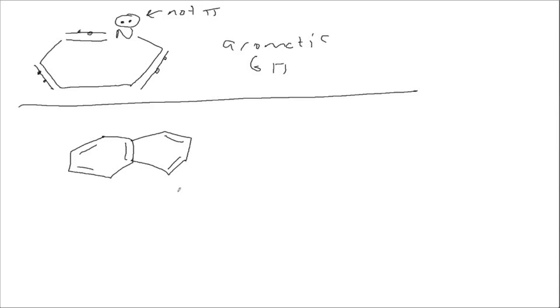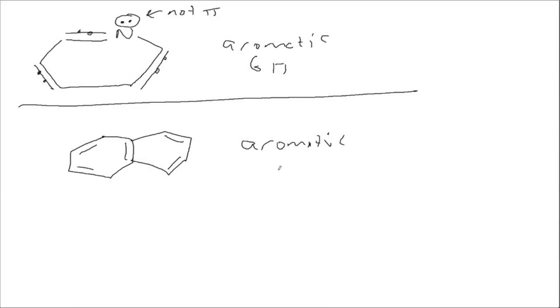Okay, here's something that looks a little bit different than the earlier questions, but we can basically attack it the same way. So let's give this one a shot. And again, we want to figure out if it's aromatic, anti-aromatic, or non-aromatic. This is aromatic.